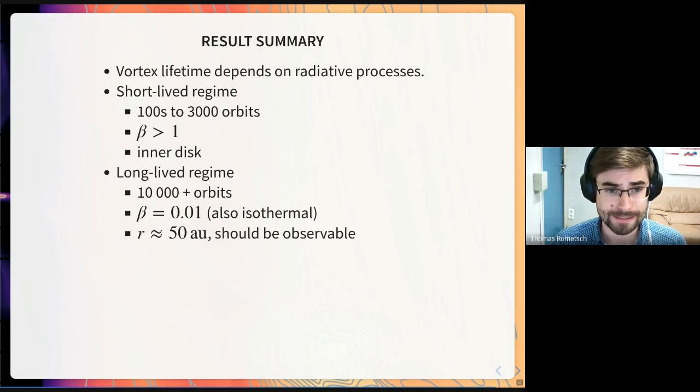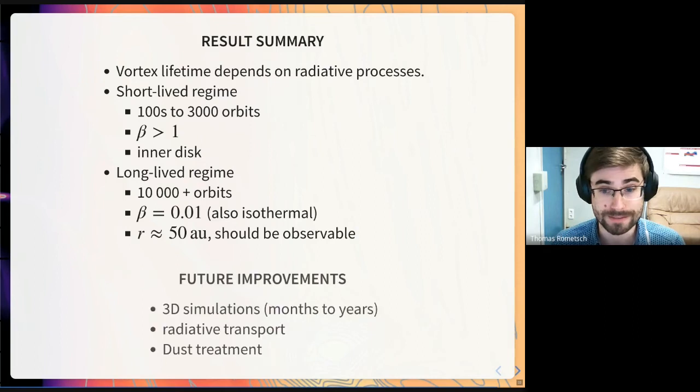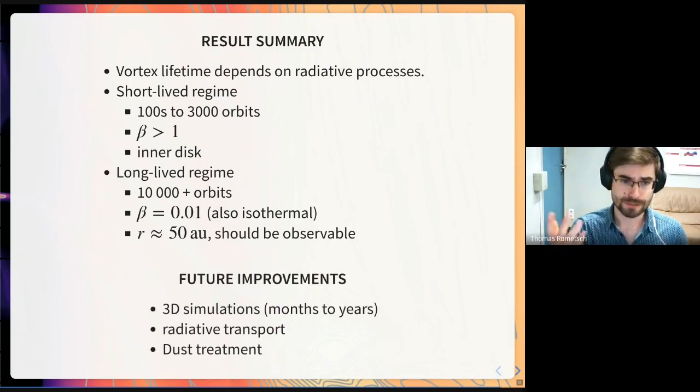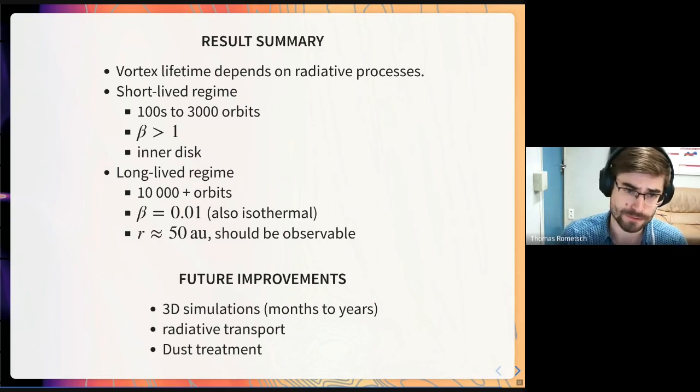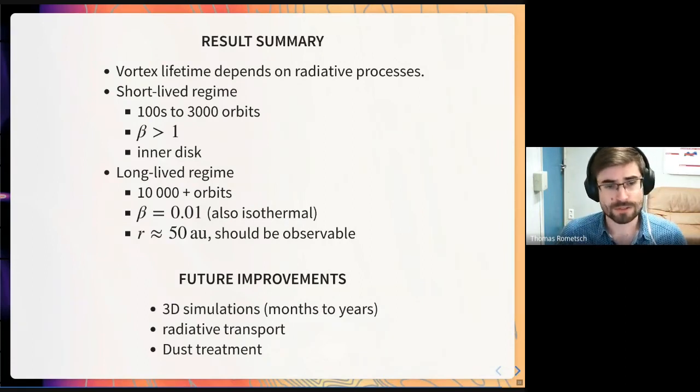So this suggests that we really can observe these vortices out at these large distances, and that's the preferred location for the observations we would expect. And here are just some ideas for future improvements of such an undertaking as we did here. 3D simulations, or the 3D structure of these vortices, is also important.